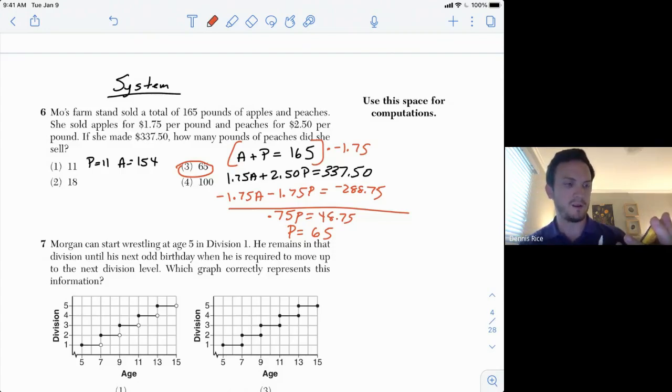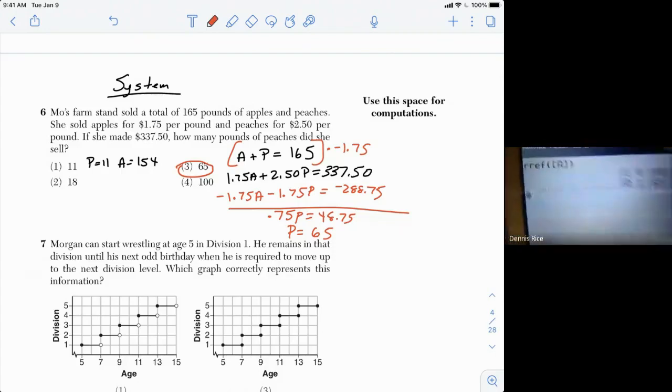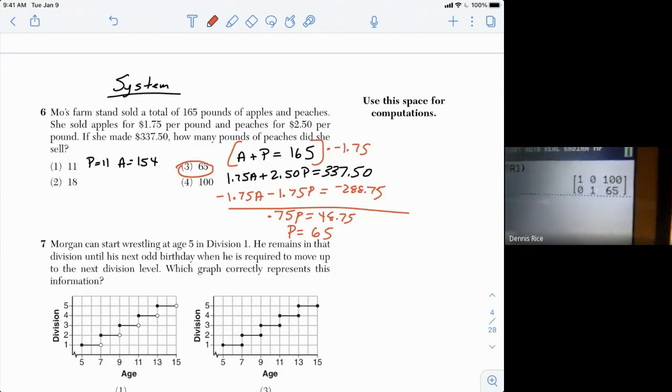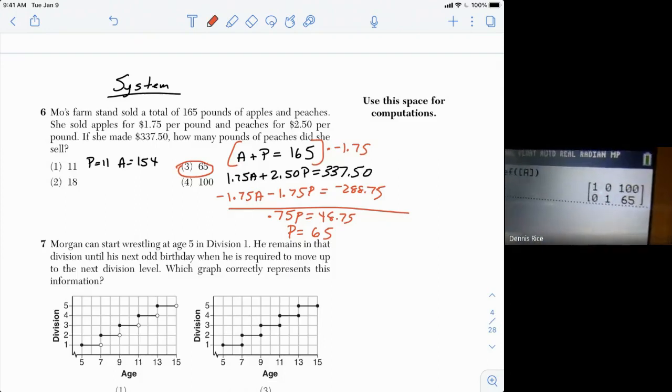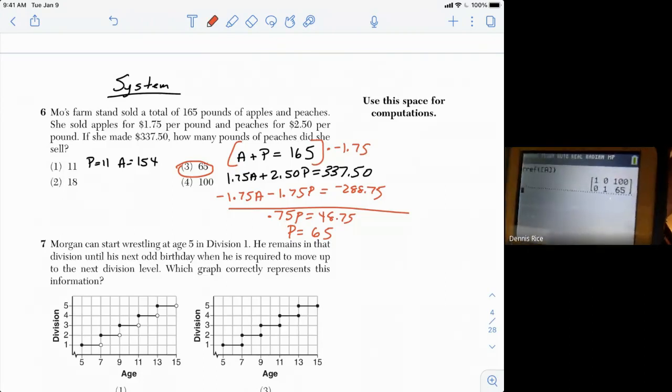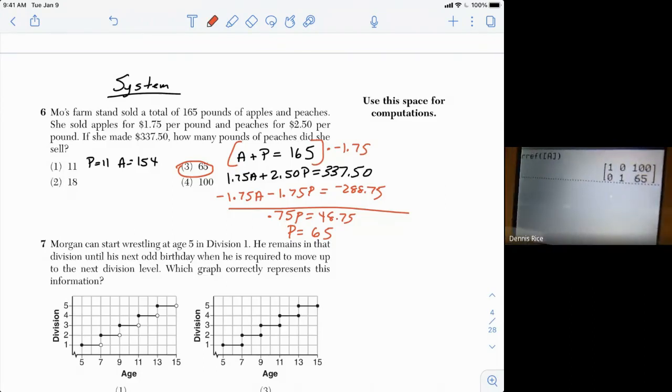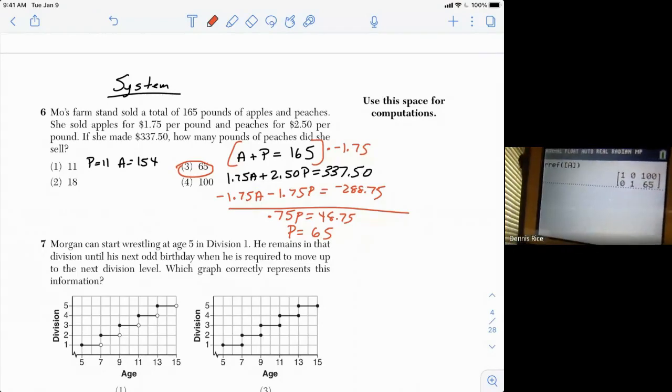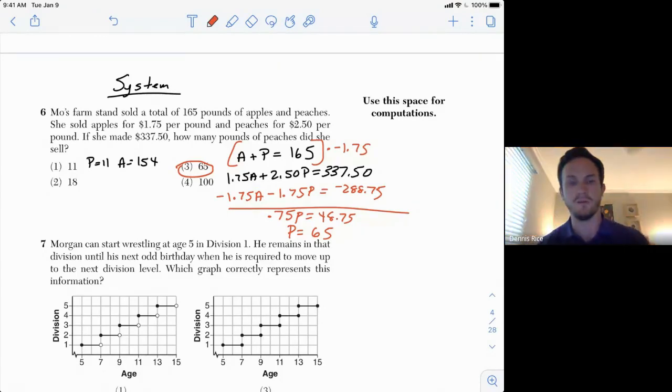If you do it correctly, you'll end up getting this screen, and you have to know how to interpret it. What this is saying is 1a is equal to 100, and 1p is equal to 65. So if you type the system in correctly, it will solve it for you.